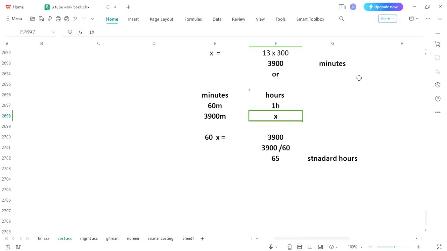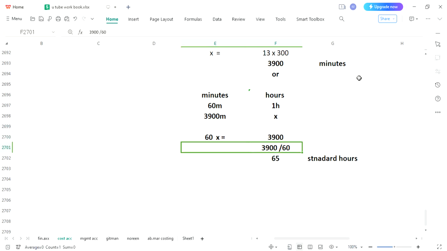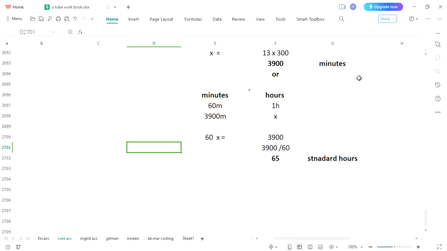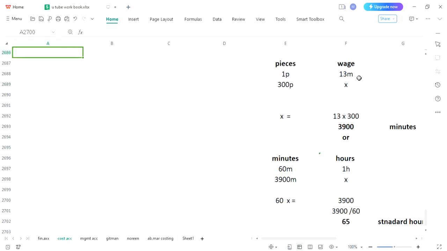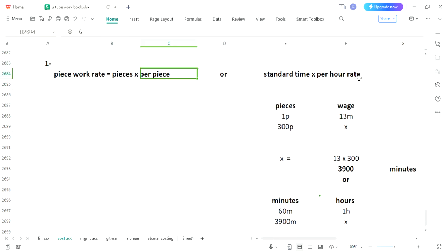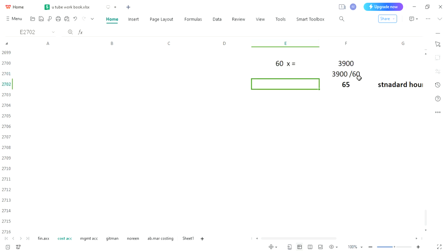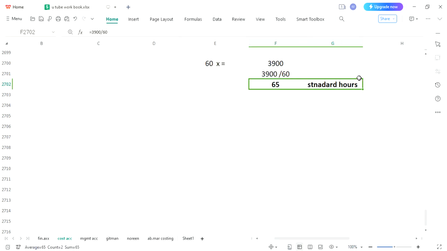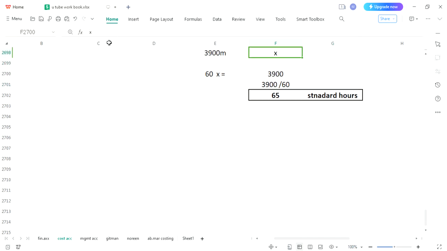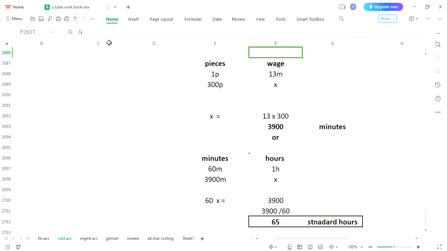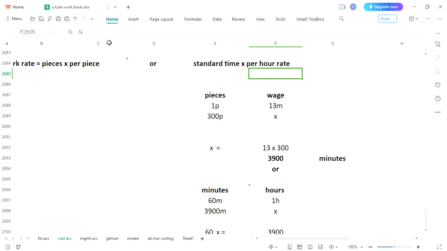Now we will be looking forward for solution of first part. As I have told you, there are two methods of per piece rate system. One method which was having standard time per hour rate. Standard time we have calculated for 300 articles, and this we are going to highlight is 65. Go back. This was your formula. Standard time multiplied by per hour rate.